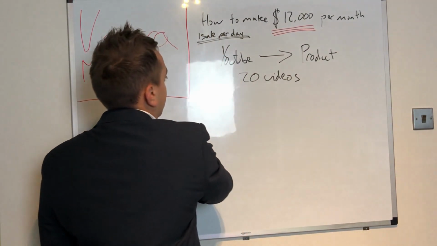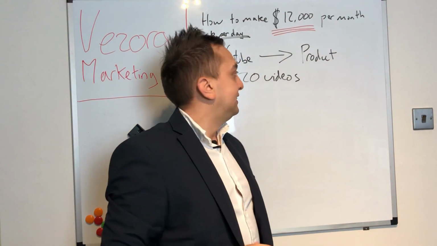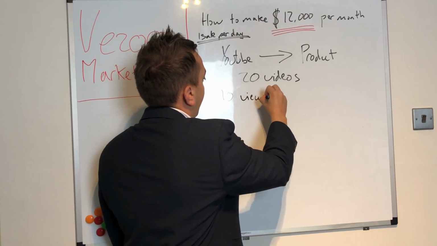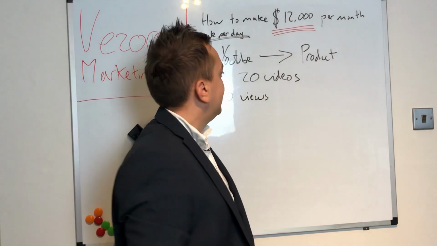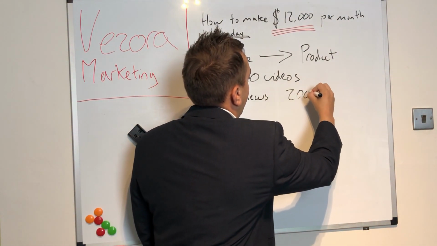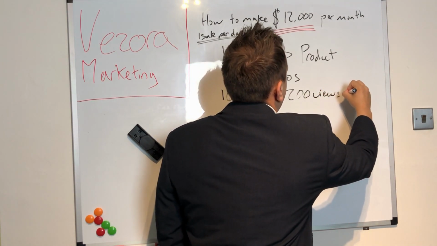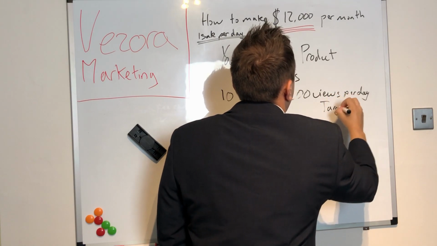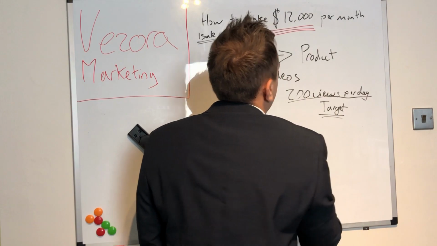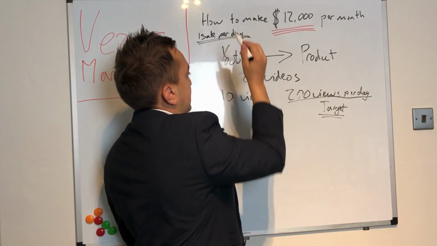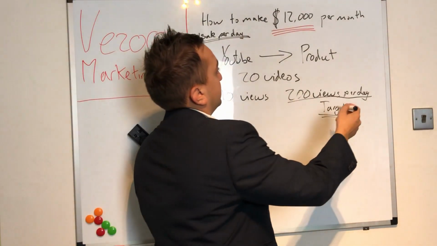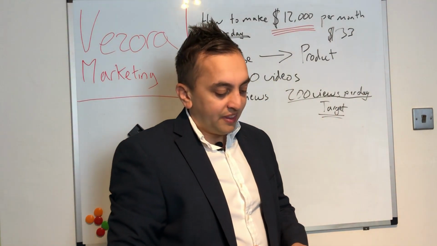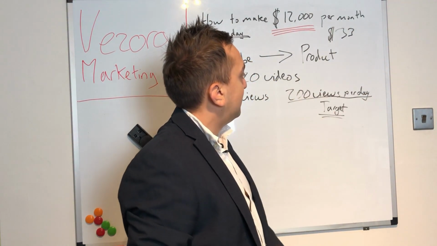Back onto this 20 videos part: if we make these 20 videos and we get our 10 views on each, that is going to reach our 200 views per day target, which will give us our one sale per day. Congrats, you're now making, as we said, a $33 product and you're making our target.